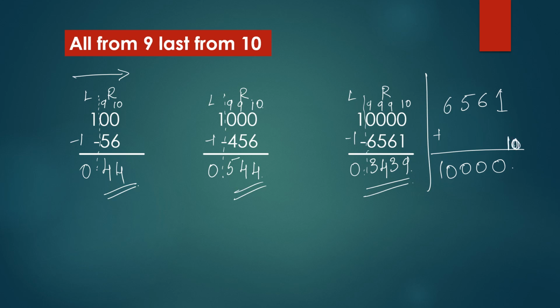Then here, 6 plus how much is equal to 9, you have to see. 5 plus how much is 9. Like this we have to find: 1 plus 9 is 10. 6 plus 3 is 9. 5 plus 4 is 9. 6 plus 3 is 9. So answer should be 3439.